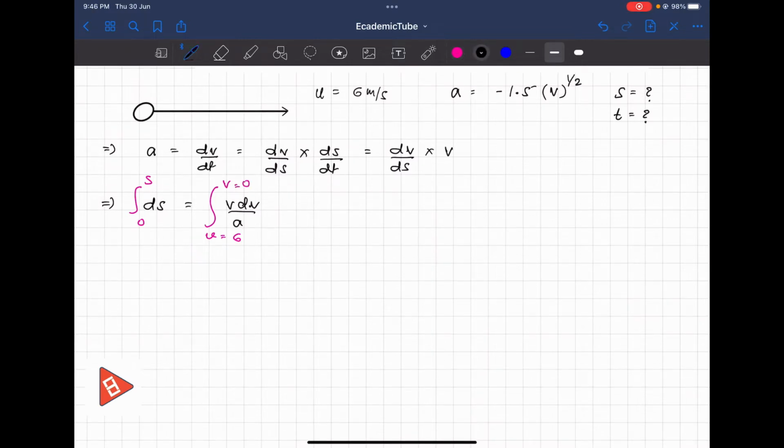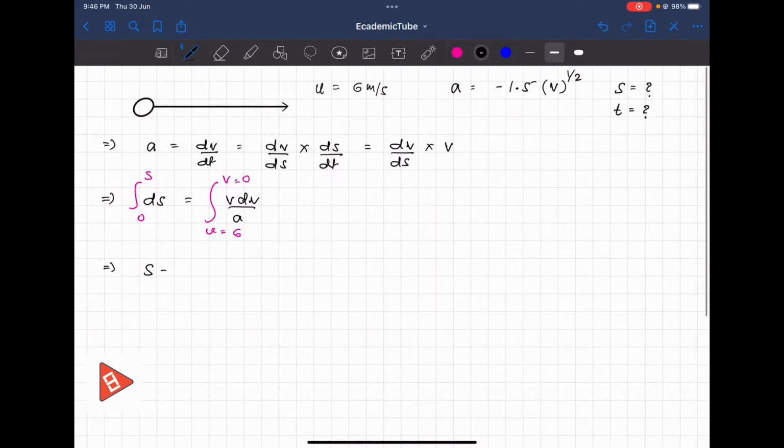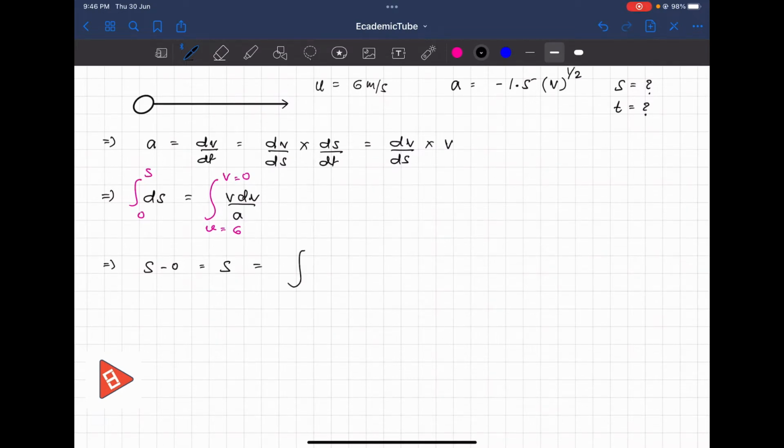Okay, so let's integrate this. The integration of this part will be s minus 0, which is equal to s, and for this part it will come like the integral from u to v of dv divided by the expression of acceleration, which is minus 1.5 v to the power 1 by 2.